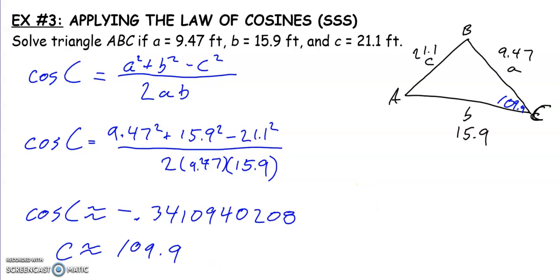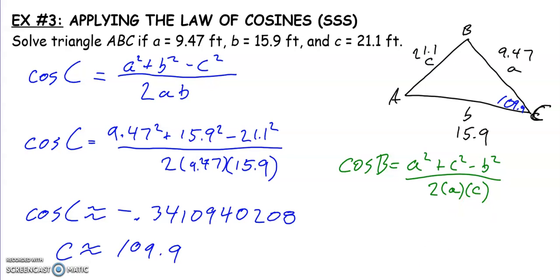Well, since we're working with the law of cosines, I'm going to keep using the law of cosines, and this time I'm going to find angle B. So the cosine of angle B is going to be the same formula, except now b is the known side, so a squared plus c squared minus b squared all over 2 times a times c. The b and the c switch places because now we're looking for b.